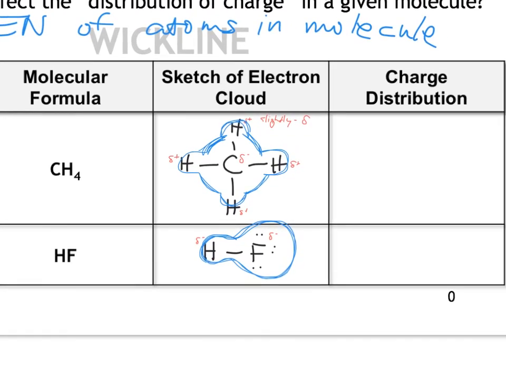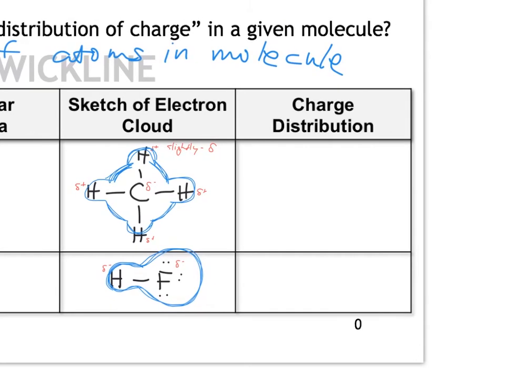So I'll zoom back out, and we need to just talk about the charge distribution. Around the methane molecule, you'll notice that the electron cloud is evenly distributed. So the charges are evenly distributed. And around the HF molecule, you'll notice that the charges are unevenly distributed.